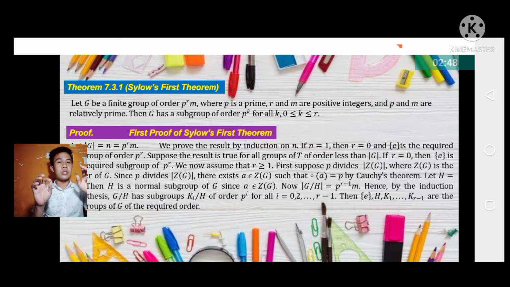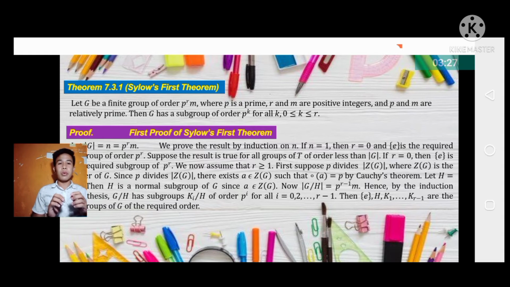So the possible values of k in our subgroup H with order p to the k can be, for all k greater than or equal to 0 but less than or equal to r, k greater than or equal to 0 but less than or equal to 1, since our value of r in the finite group G is equal to 1.